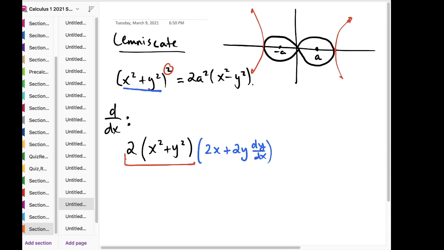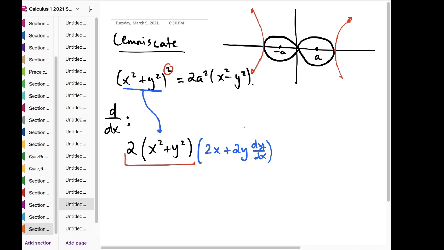But do remember that this is like the g of x, and this is like the g prime of x.